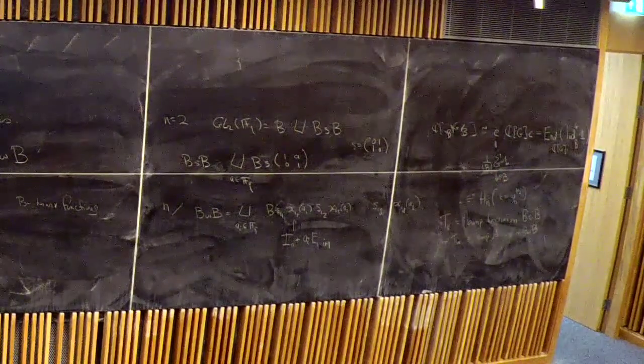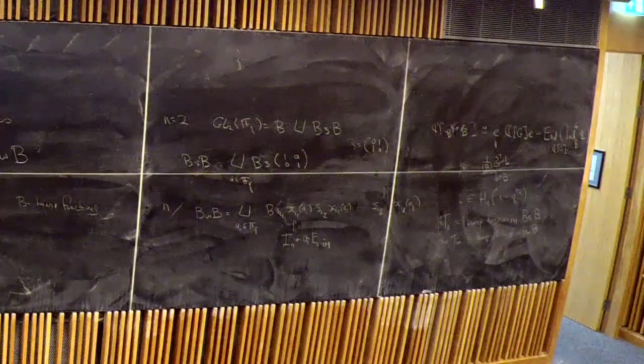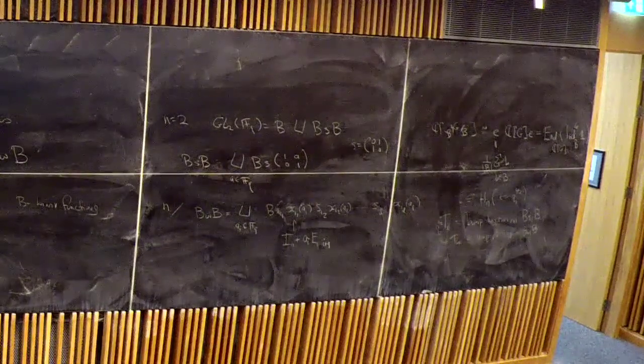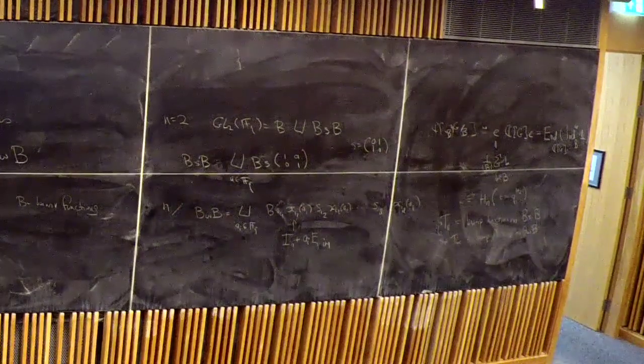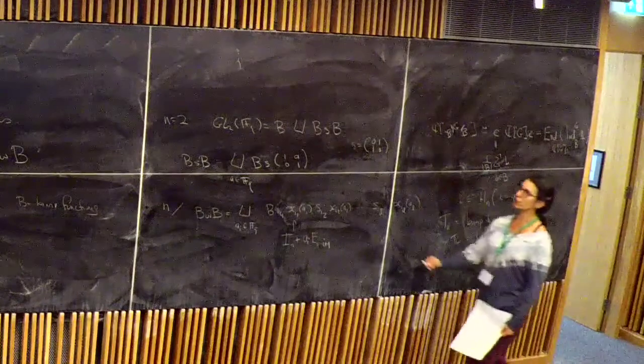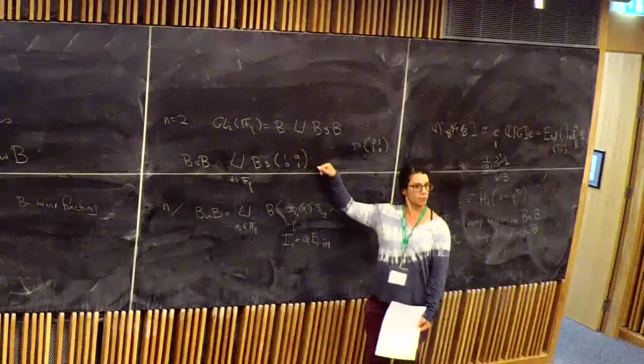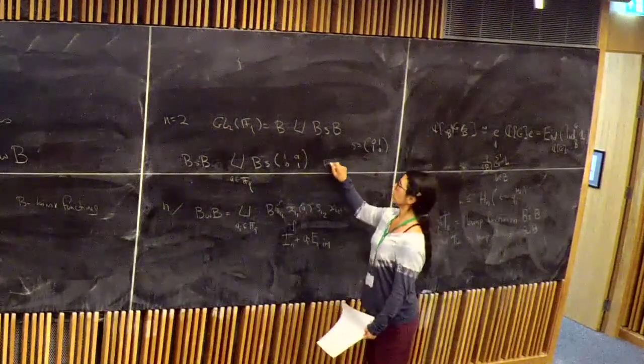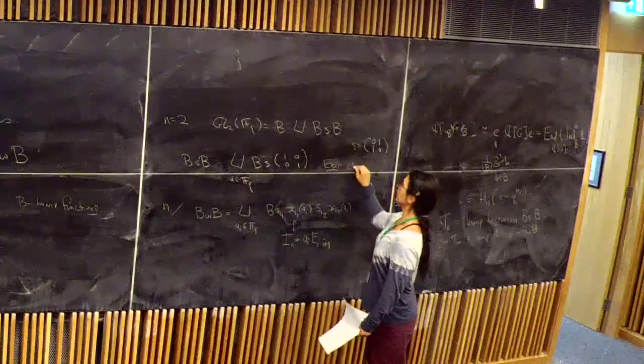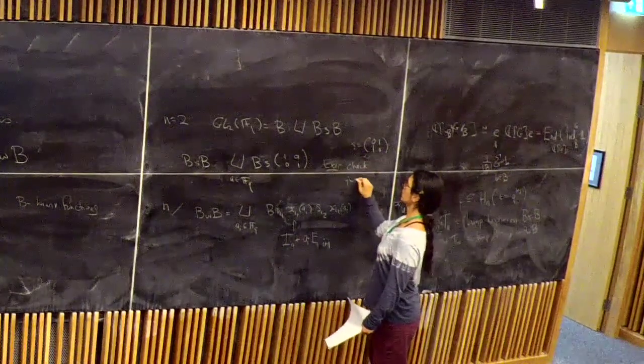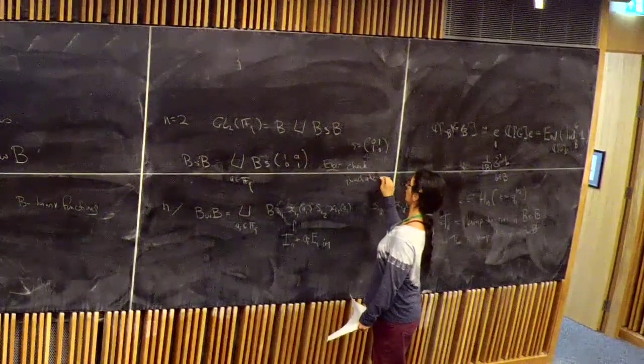Good question. I'll leave it as an exercise to check the quadratic relation. I claim it's enough to do it for n equals 2 to believe it everywhere. Nice exercise: check the quadratic relation.